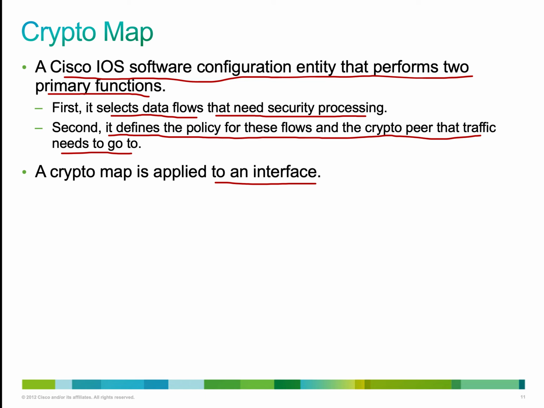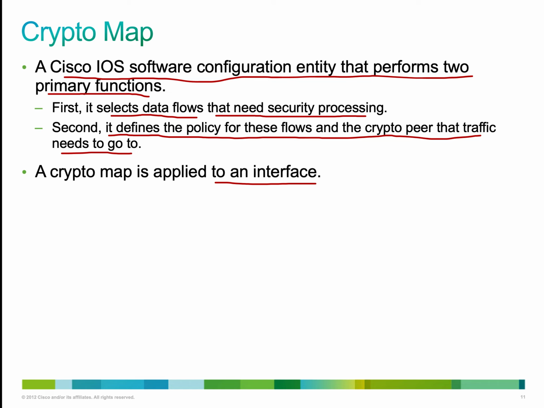The first is that a crypto map selects the data flow that needs security processing.